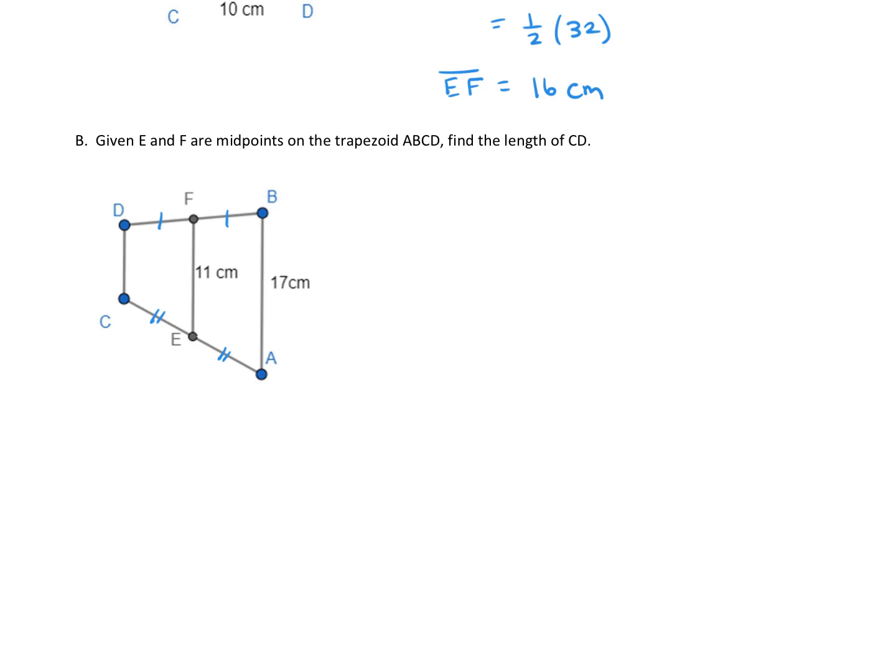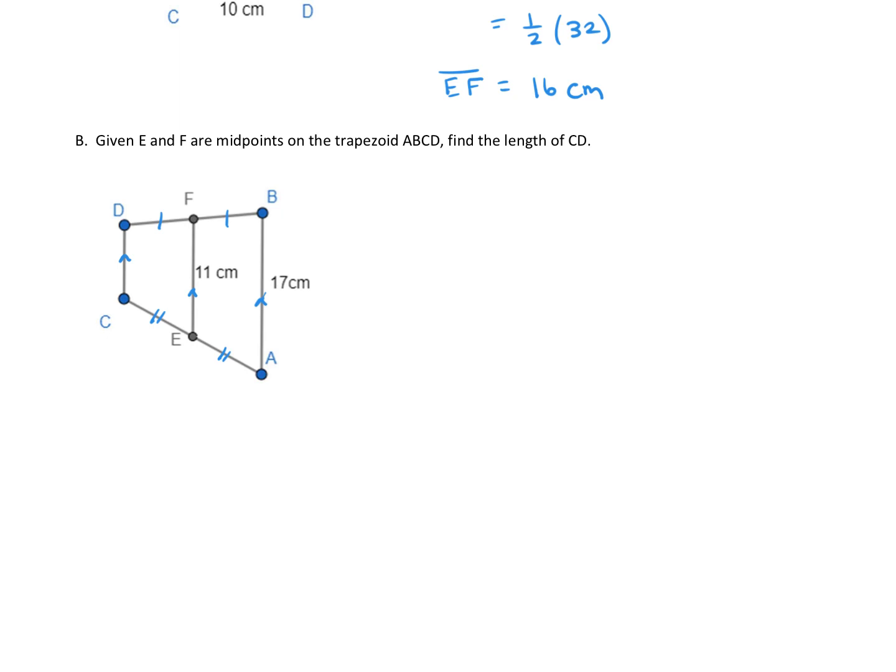I'm going to go ahead and mark the bases parallel. DC and BA are bases, and because E and F are midpoints, that makes segment EF the mid-segment, so it is parallel to your two bases. So find the length of CD.